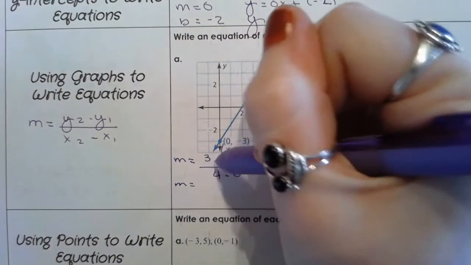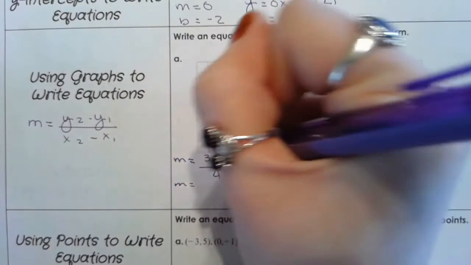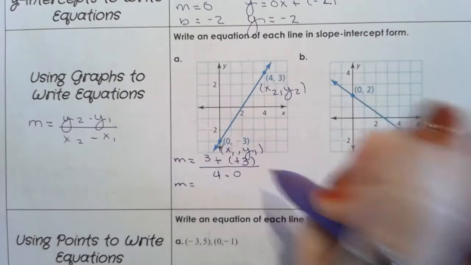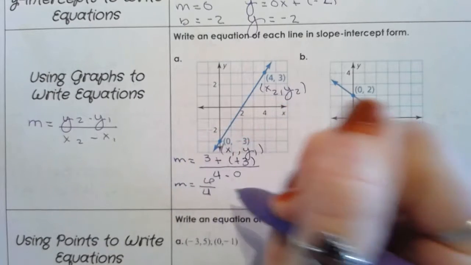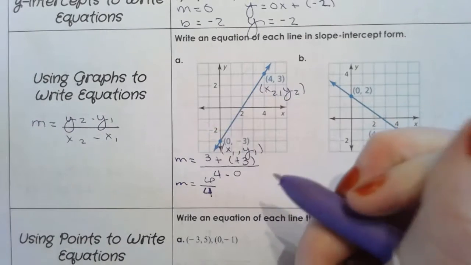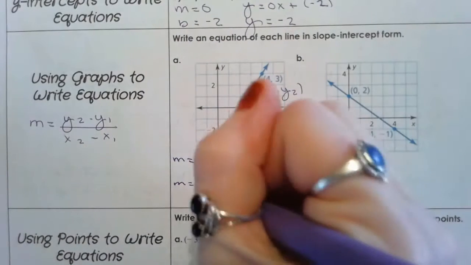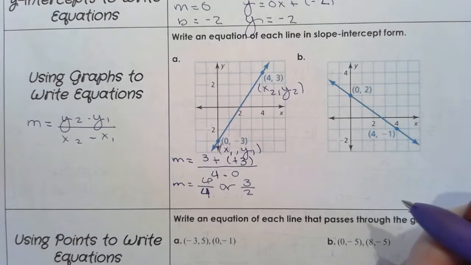If I have 3 minus a -3, I know that anytime I'm subtracting a negative, I'm really just adding. So I'm going to change those to plus signs. So 3 plus 3 gives me 6, and then 4 minus 0 just gives me 4. All right, so then now remembering from when we talked about fractions, the numerator and denominator are both even. So I can simplify this further to be 3 halves because I'm going to divide both by 2.